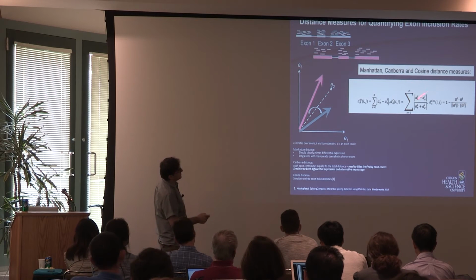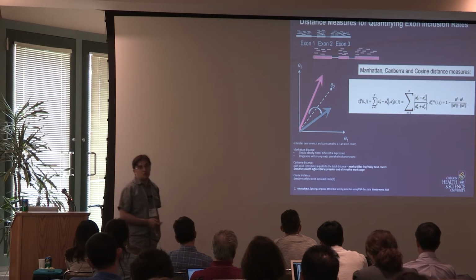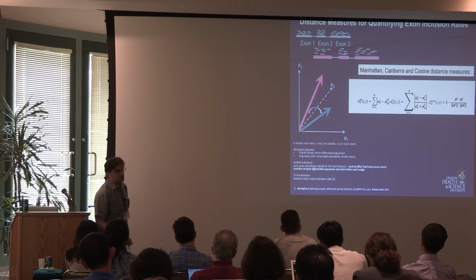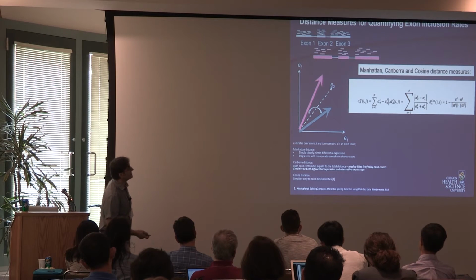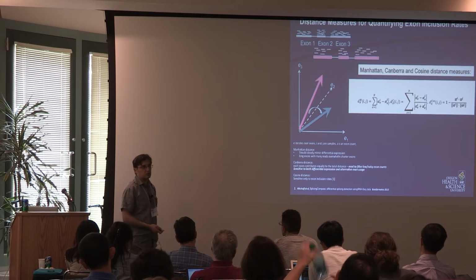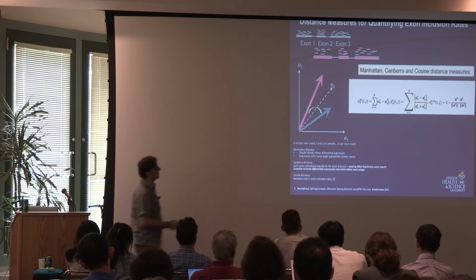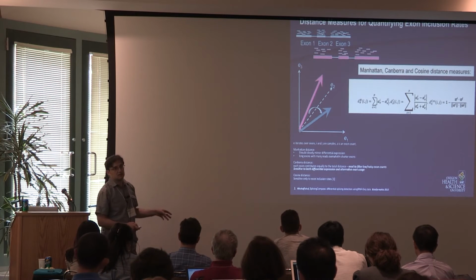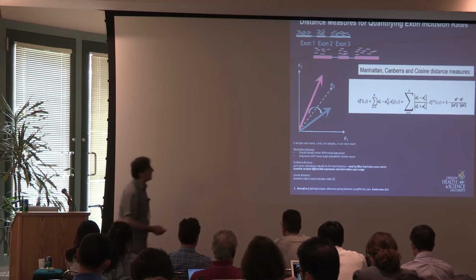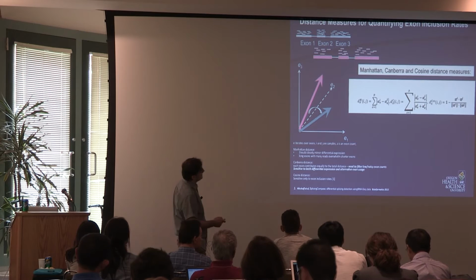This will accomplish that goal. Even if you did normalize the data, in my experience, it doesn't make much difference. You can use RPKMs at the exon level, or you can use just counts, and in my experience, it didn't change the final results much.